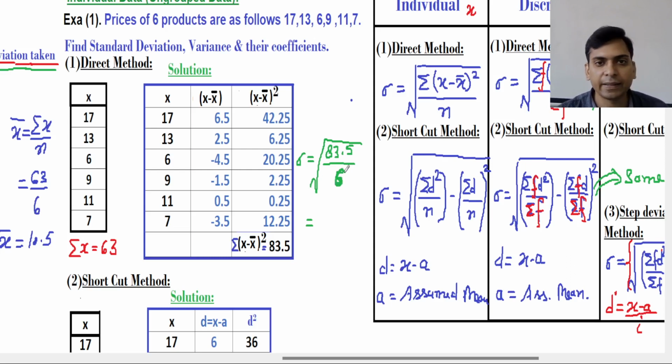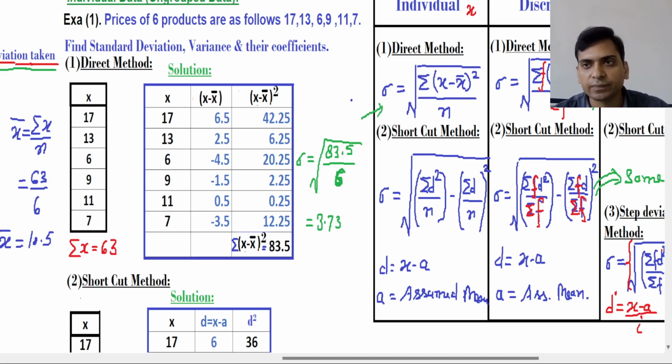Then you get the standard deviation as 3.73. This is the standard deviation by the direct method, the first formula.